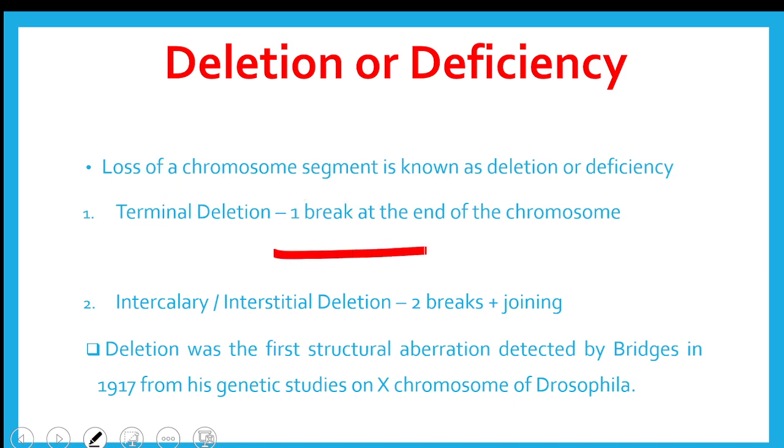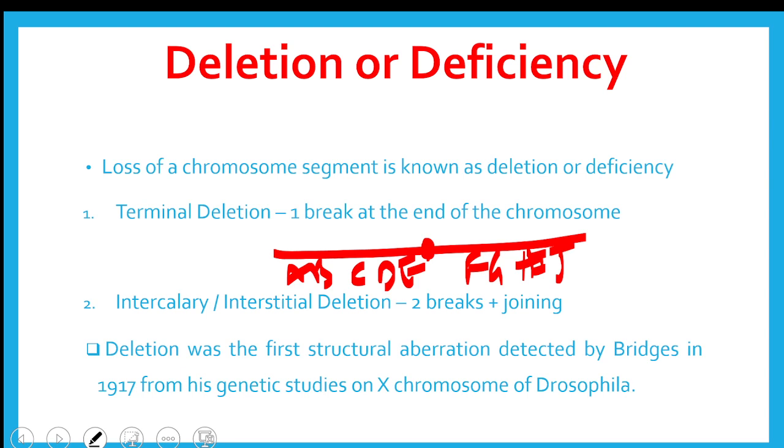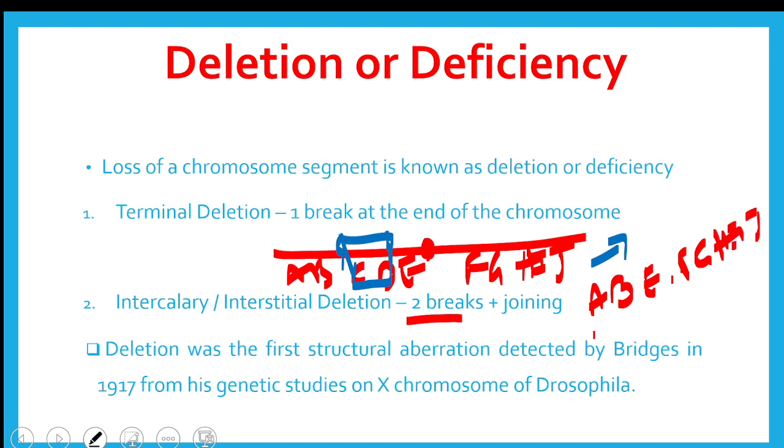In another case, there is a chromosome A, B, C, D, E, F, G, H, I, J. Here a break occurred between B-C and D-E. So CD is removed. Now, after two breaks and rejoining, A, B, E, F, G, H, I, J are rejoined.